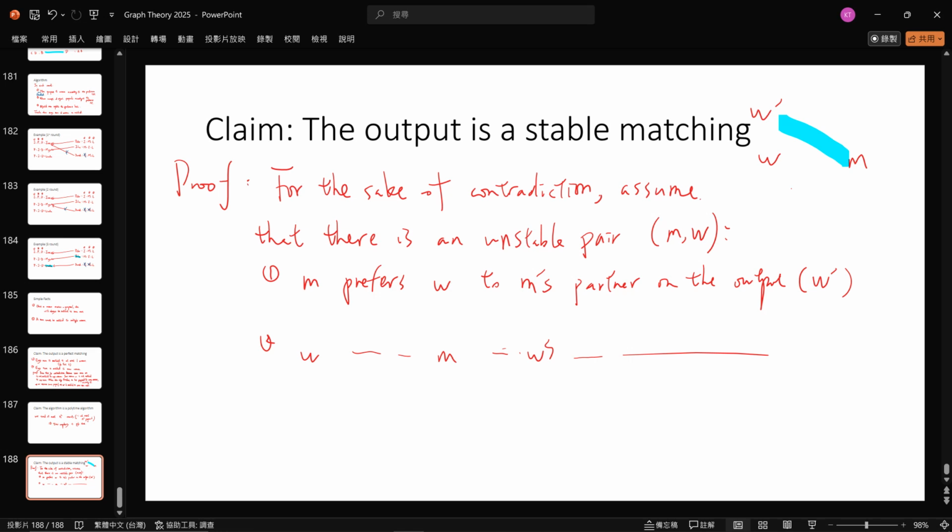So can you spot the contradiction? It is not difficult.